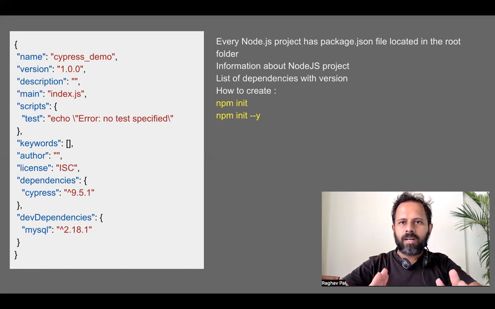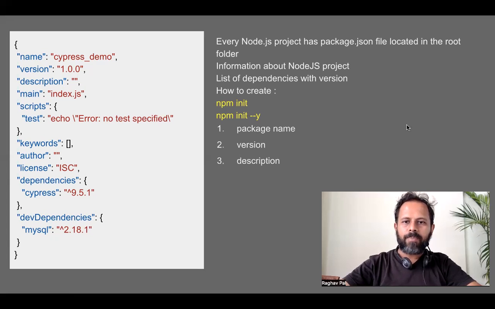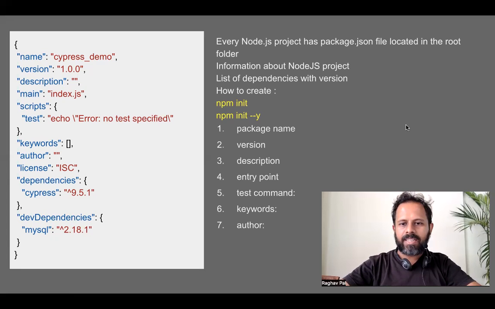We opened a simple folder in VS Code, and then we went to the terminal and ran the command npm init -y, and it created this package.json file. So it has information like the package name, version, description, entry point, test command, keywords, and author information, license information. It can also have information about the repositories, dependencies, etc.